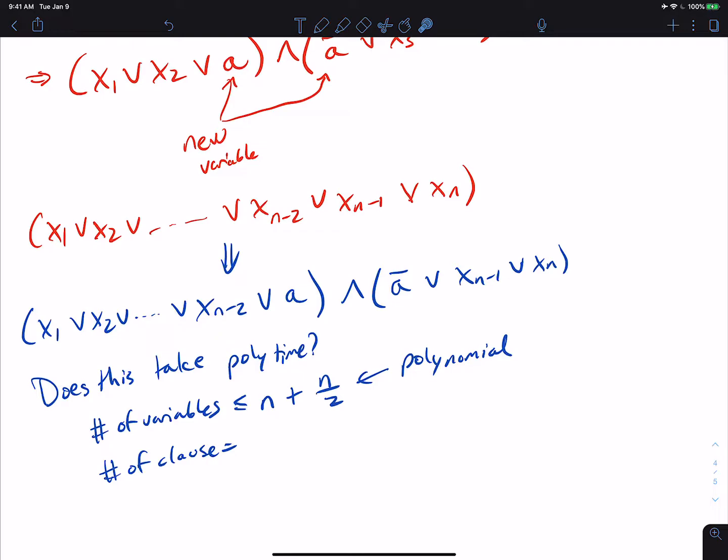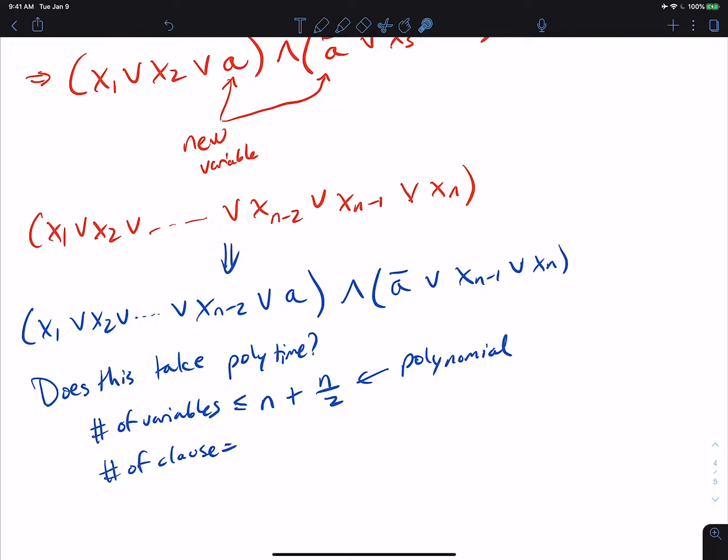So we get a new clause for every two variables in each clause.